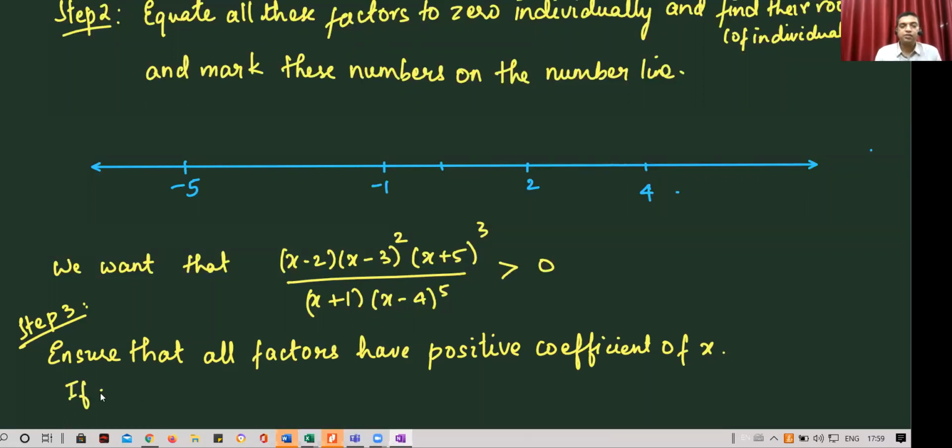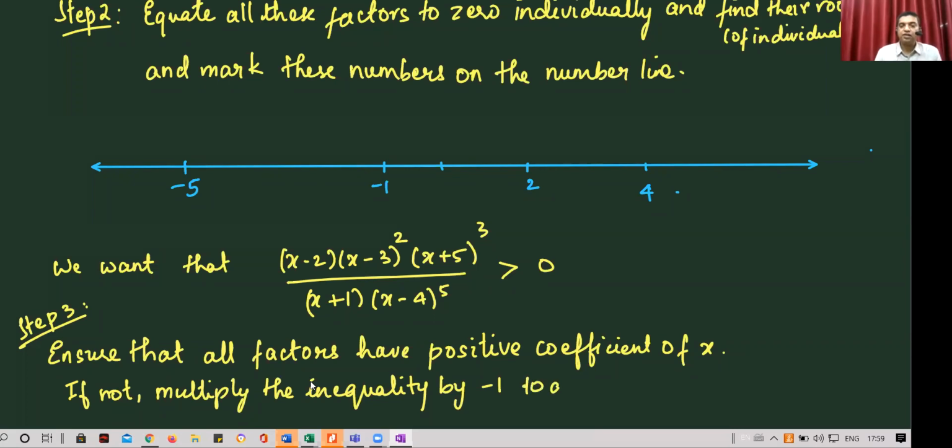If not, multiply the inequality by -1 to get positive coefficients of x.